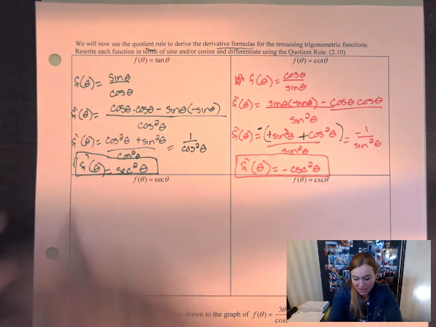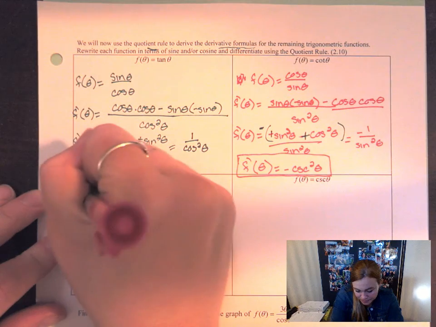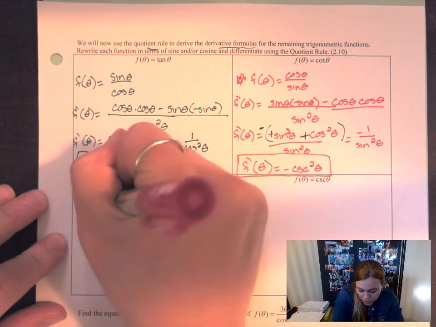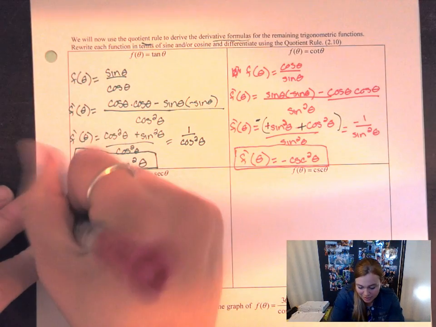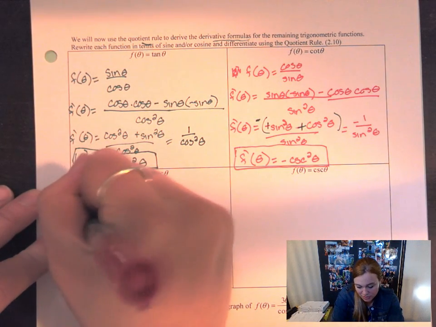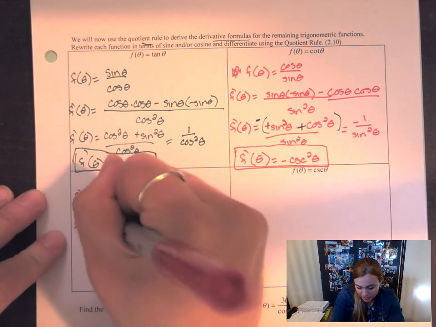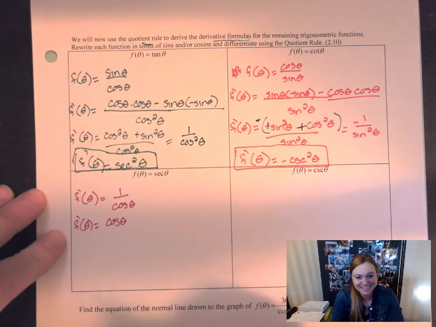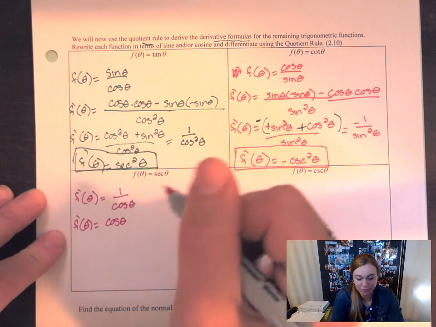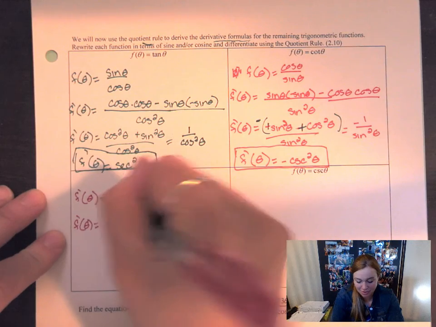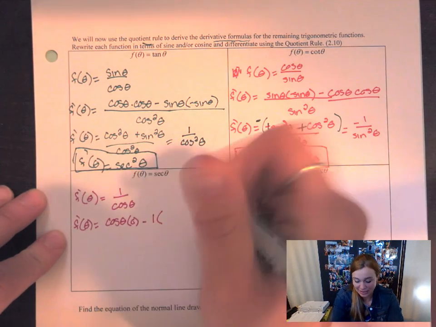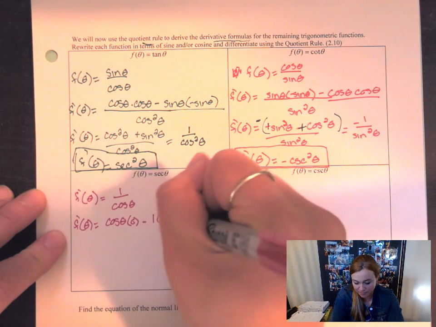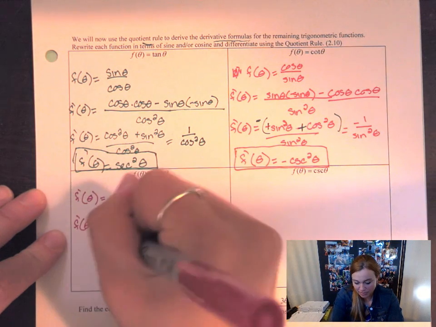Secant is also known as 1 over cosine. If I do the quotient rule, bottom, ooh, this is nice, times the derivative of the top. The derivative of 1 is 0. Minus the top times the derivative of the bottom, the derivative of cosine, which is negative sine, over the bottom squared.